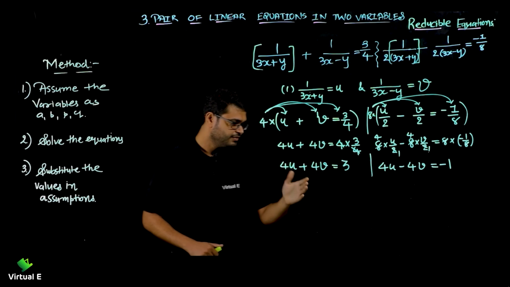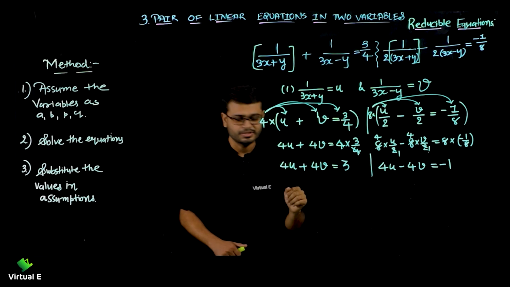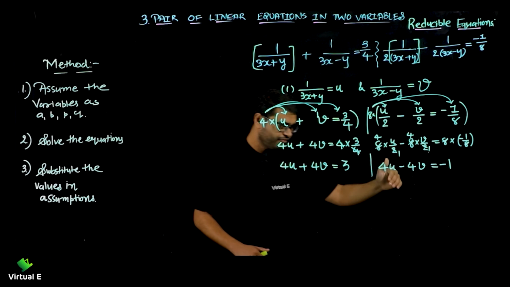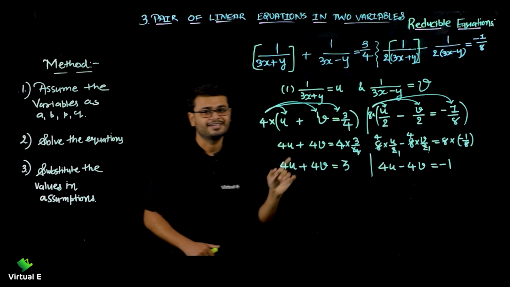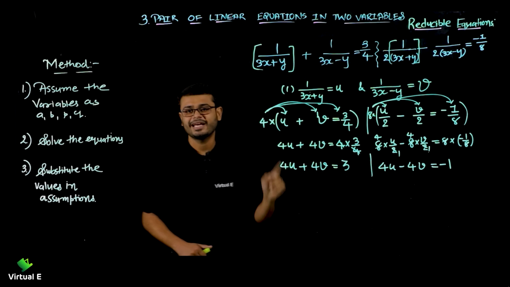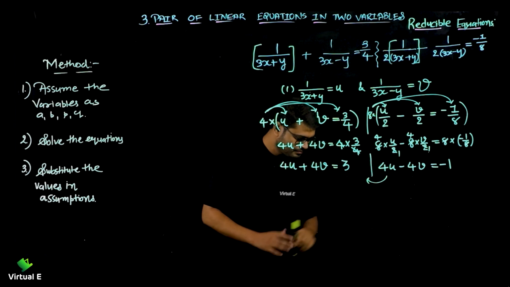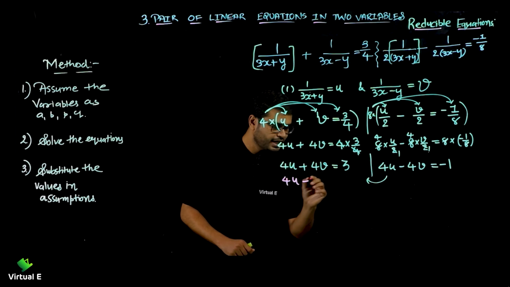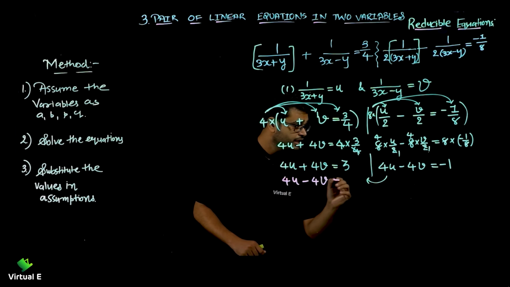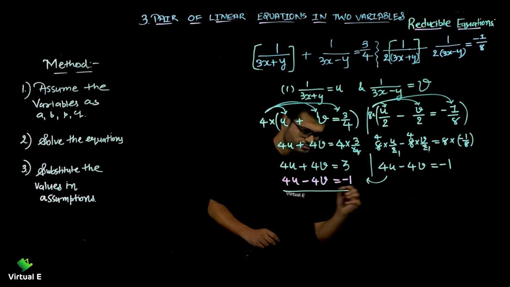See the coefficients: 4u plus 4v, 4u minus 4v. Opposite sign, so eliminate them first. Very easy to do. I'm going to write this equation below, 4u minus 4v is equal to minus 1, and I'm simply going to add it.